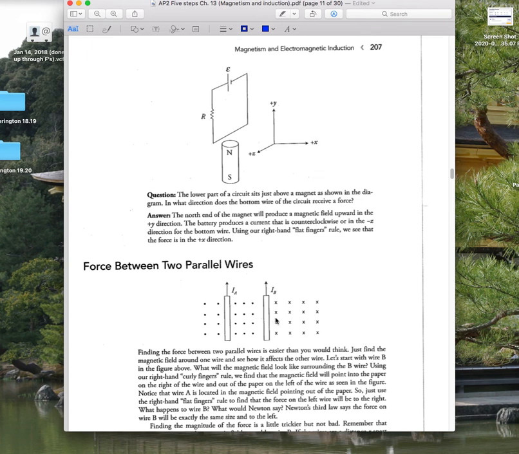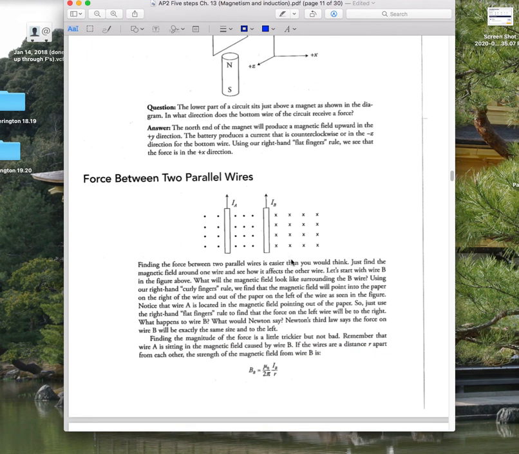Again, pretty good here. Force between two wires is useful to think about. So if I look at this wire, if I have conventional current, then into the page here of my magnetic field, out of the page here.